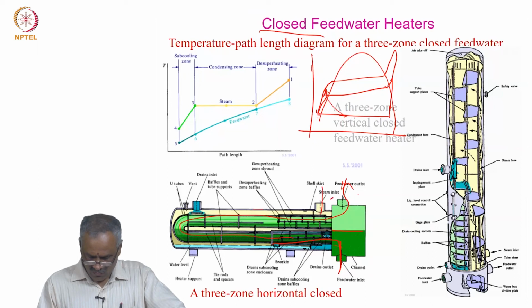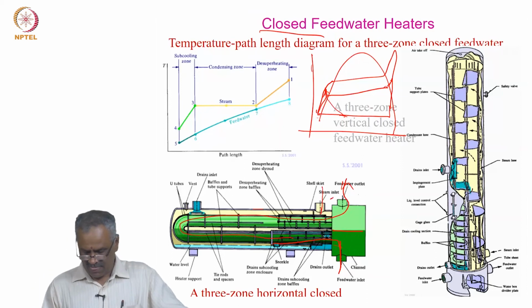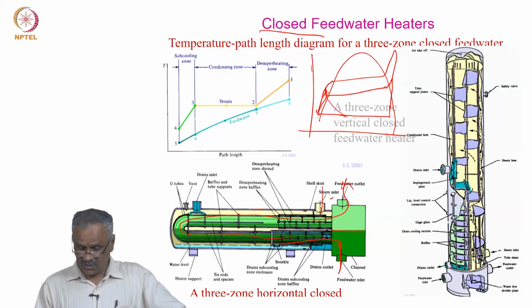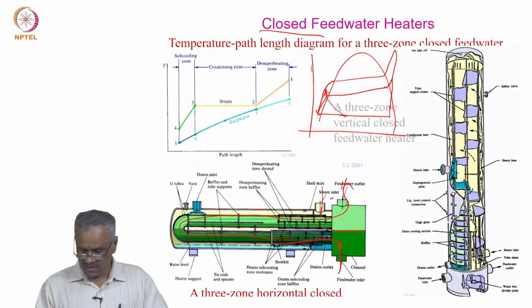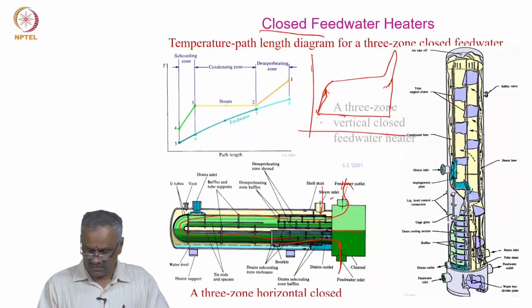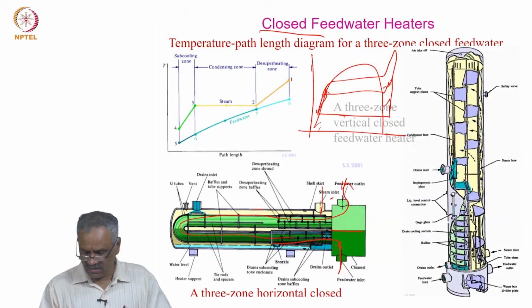Then there are drains, and there can be many drains. Suppose you have taken steam here and then another one here, and then it comes here and further goes like that.